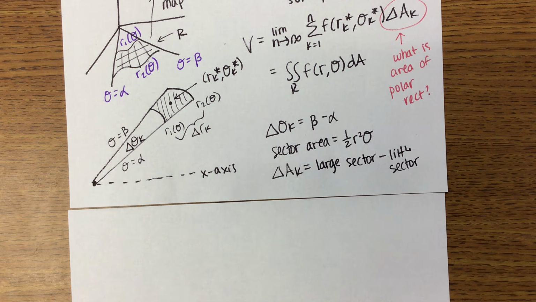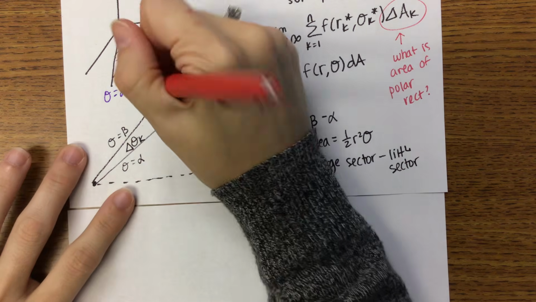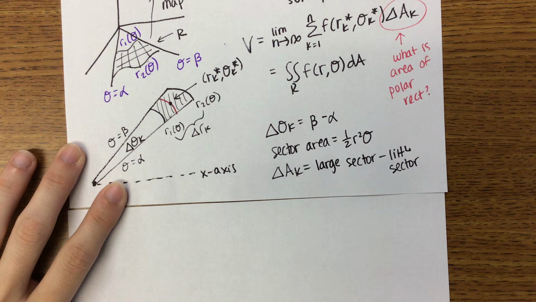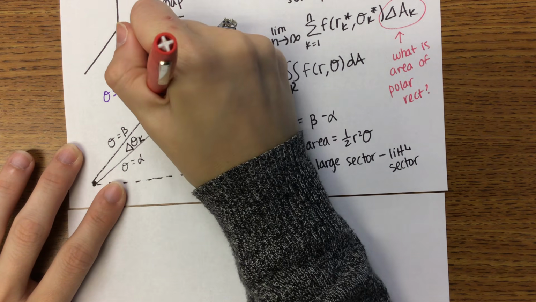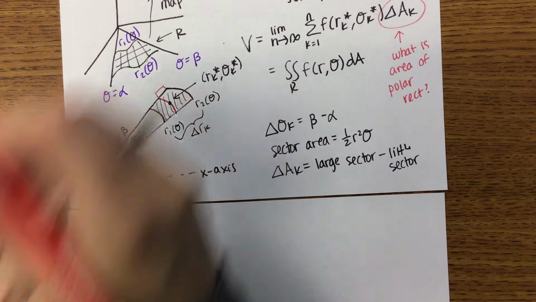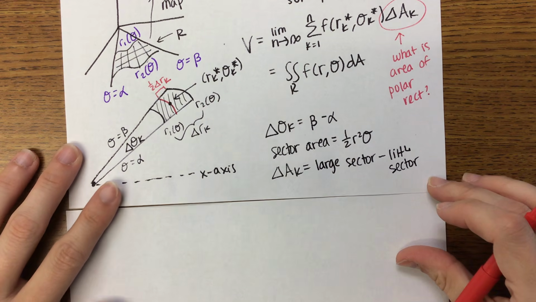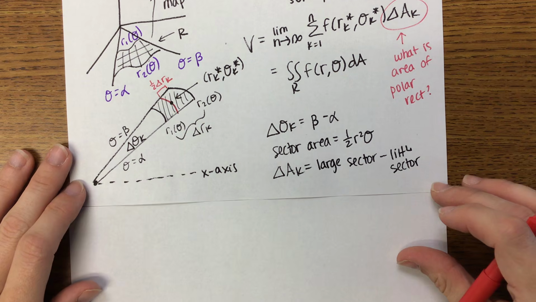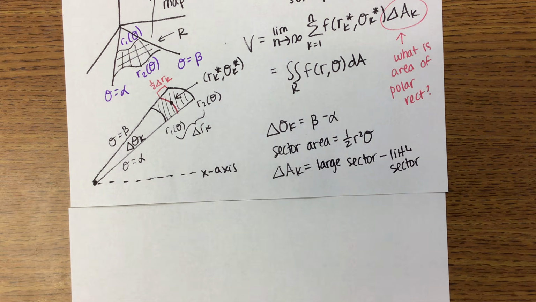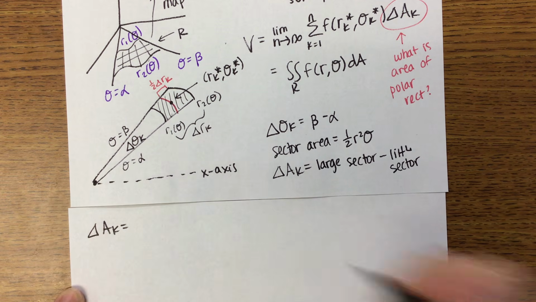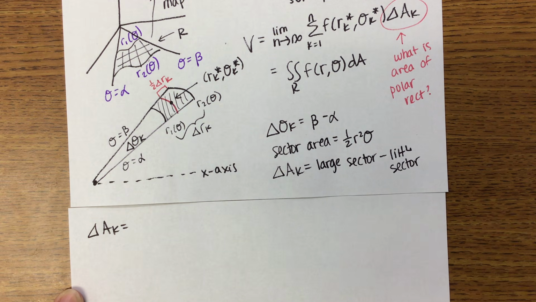A few other things. What I'm going to do is take a line that goes directly through the middle. The reason I'm going to do that is this little piece now is going to be 1/2 delta r sub k. Okay. So then our delta a sub k is large sector minus little sector.